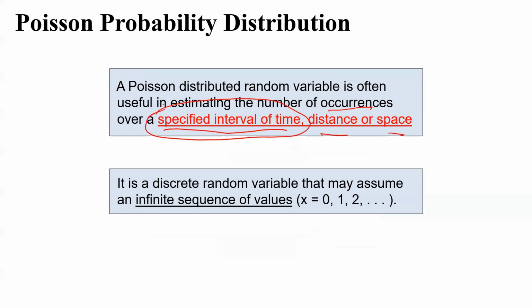It mainly specifies the average values. This is a discrete random variable that may assume an infinite sequence of values from 0, 1, 2, and so on. These are the conditions of the Poisson distribution.